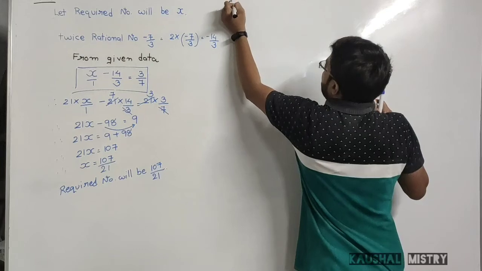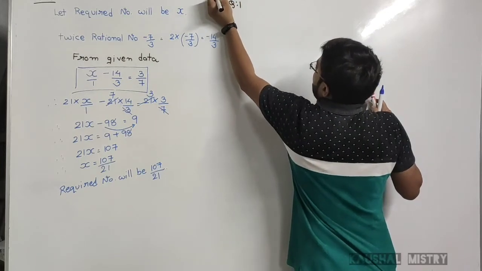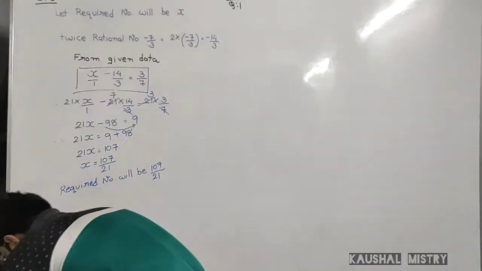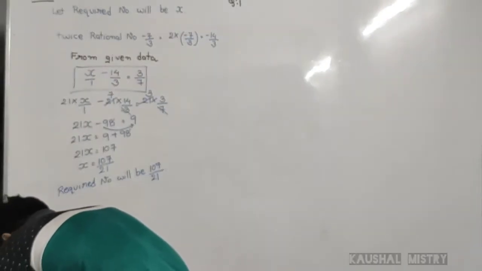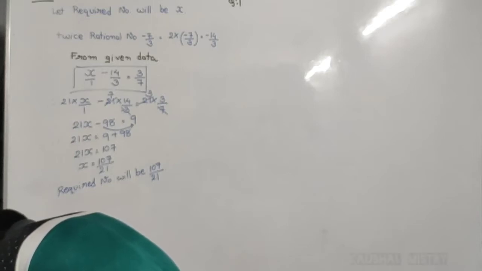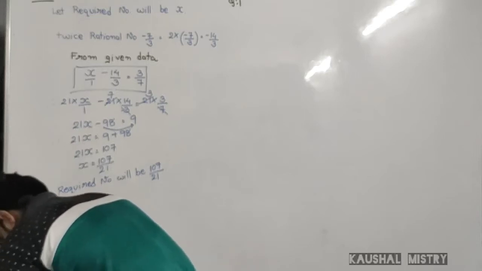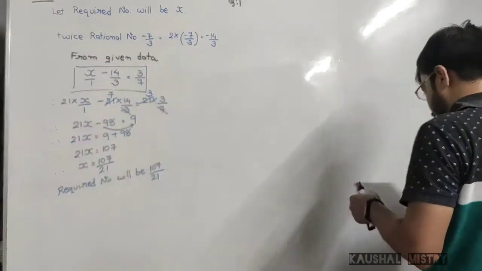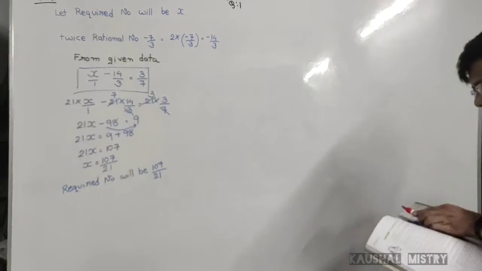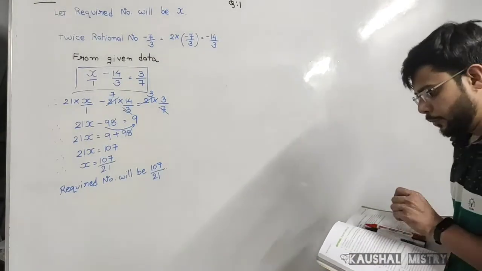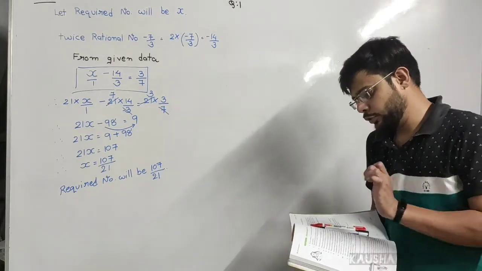question number 1. This will be the same type as this. Now as you can see the question will be: if you subtract 1 by 2 from a number and multiply the result by 1 by 2, you get 1 by 8.